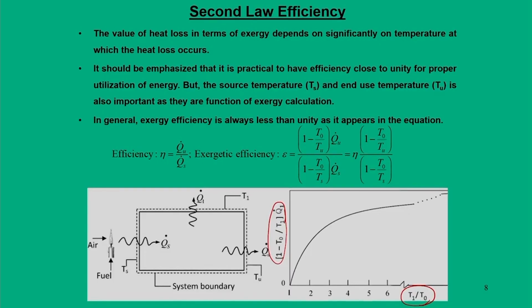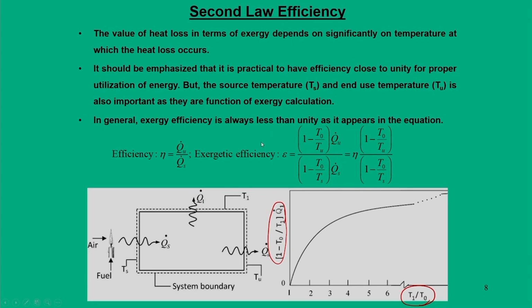Then from the first law, it says that all the heat gets utilized, but in reality that does not occur, which means there is some difference that drops in while calculating the energy. Where it goes, we find out based on the source temperature T s and end use temperature T u. So, they are functions of exergy calculations.